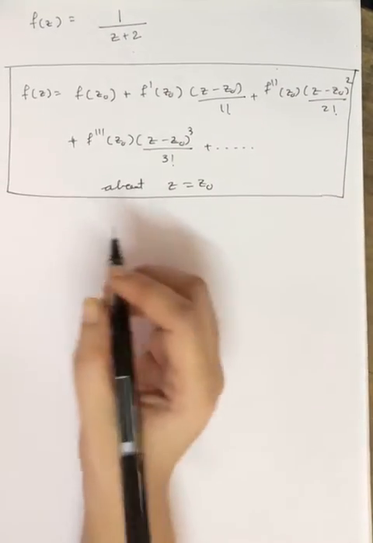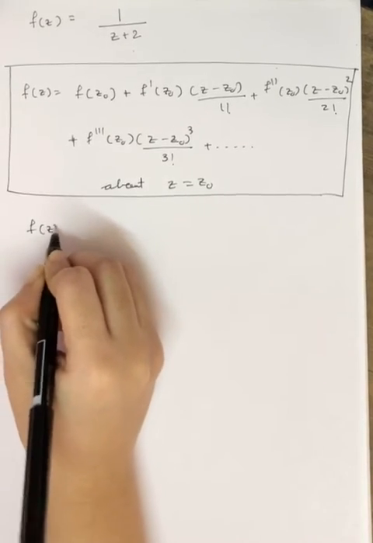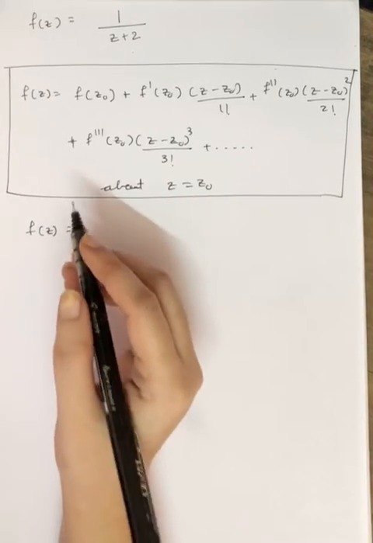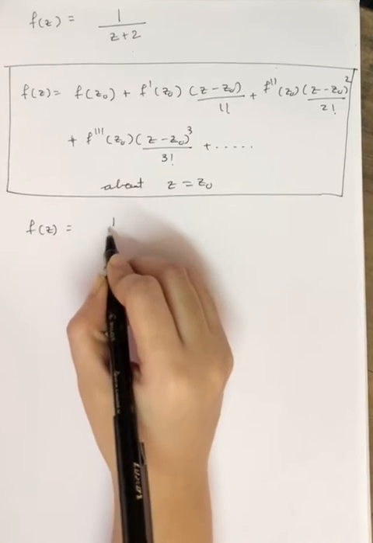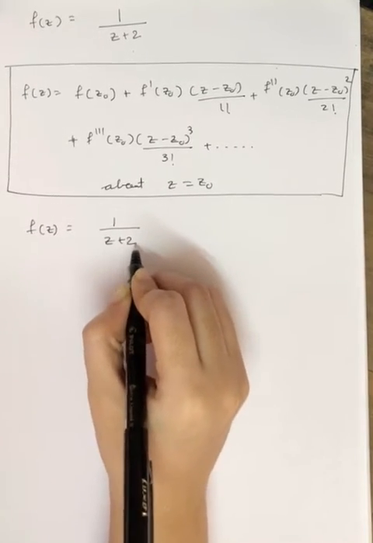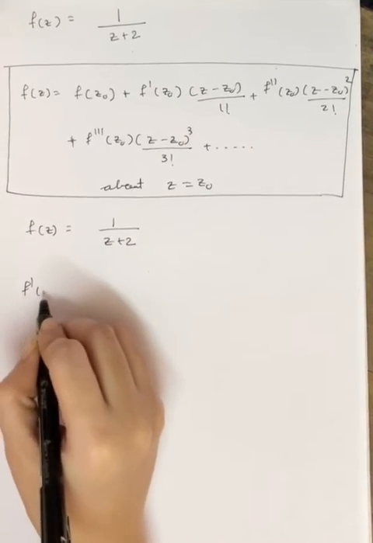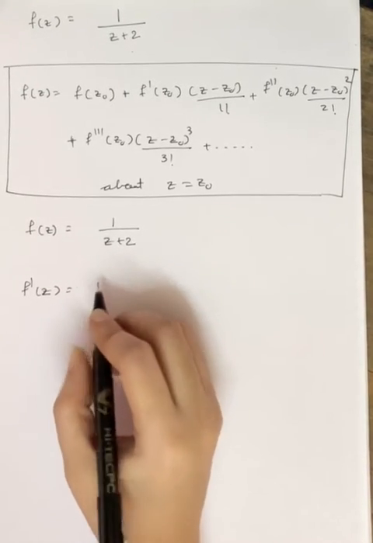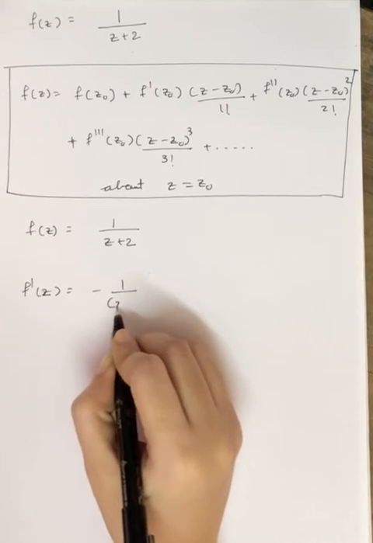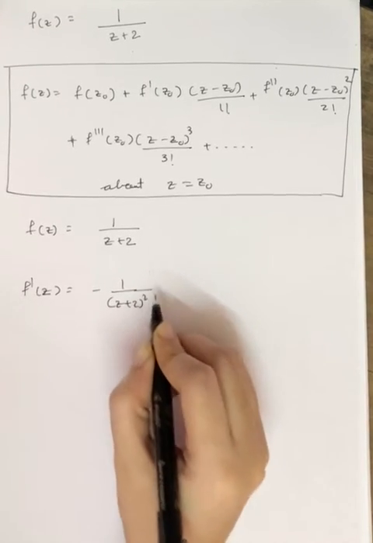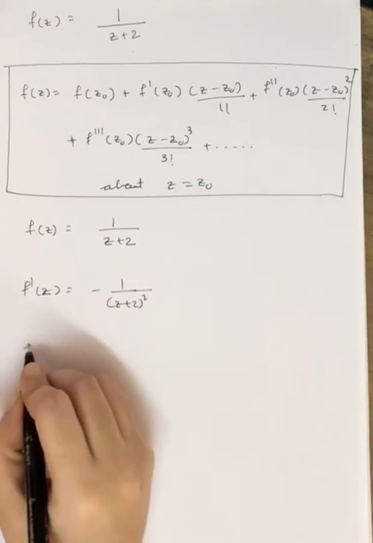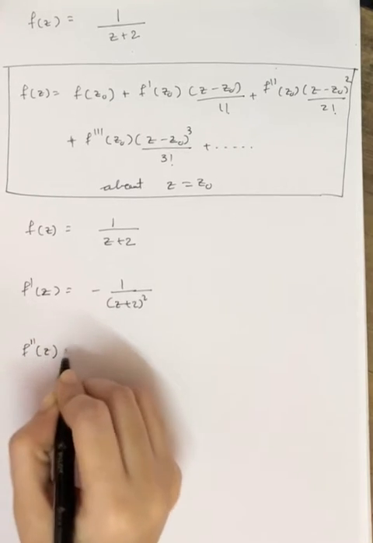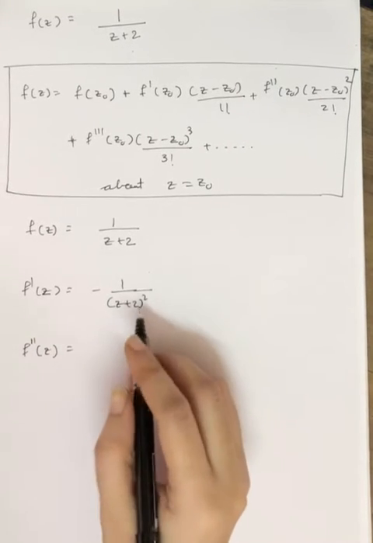And just like in the previous case, we will first find the function and the required derivatives. So this is the function, and the first derivative of this will be minus 1 upon bracket squared, and now you will just follow the simple rule.